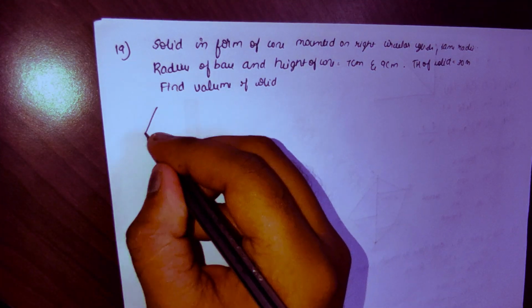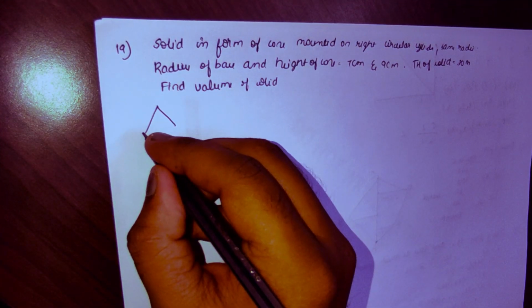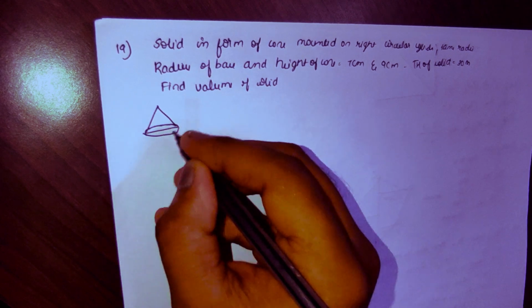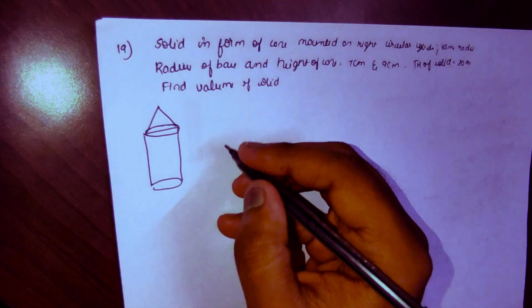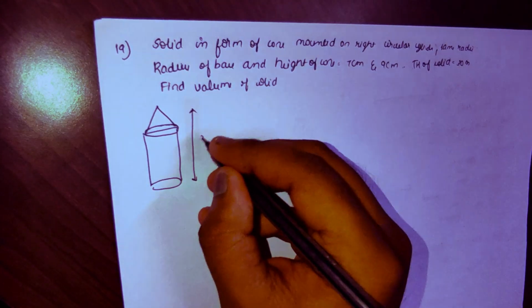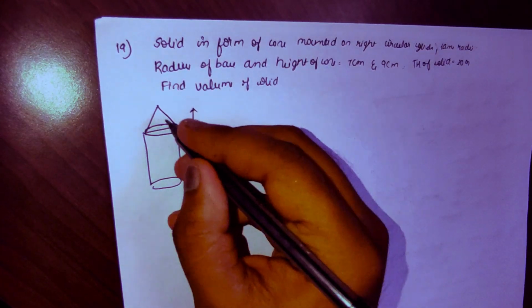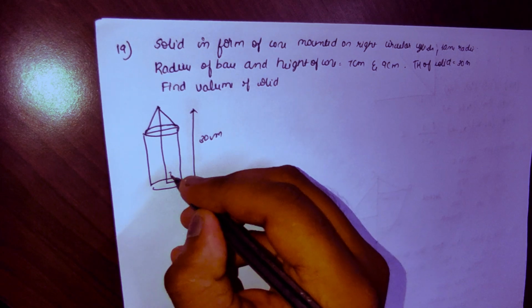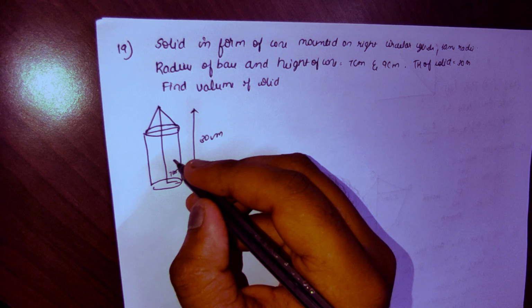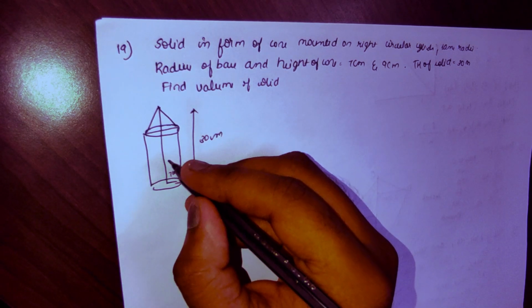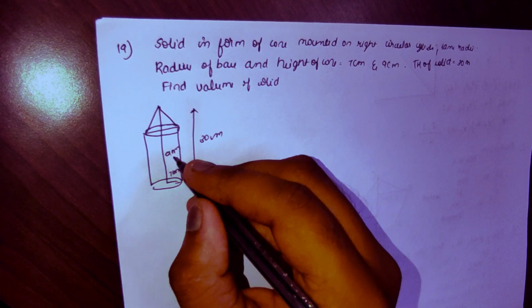We will draw a rough sketch. The total height is given, that is 30 cm. This is the given radius of the base, that is 7 cm, and the height of the cone, that is 9 cm.